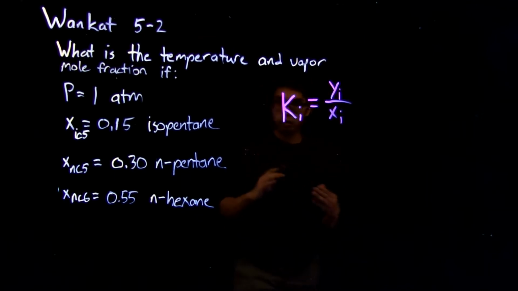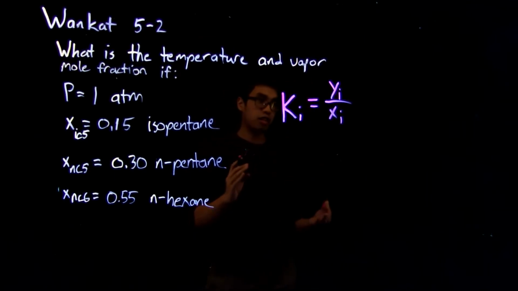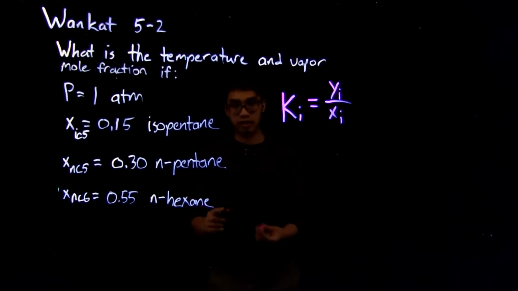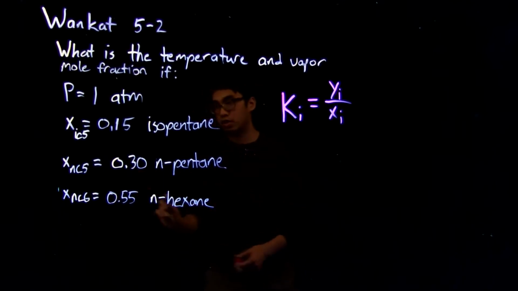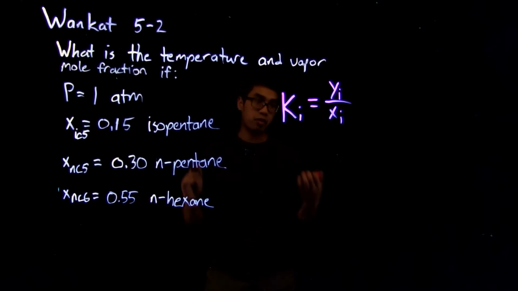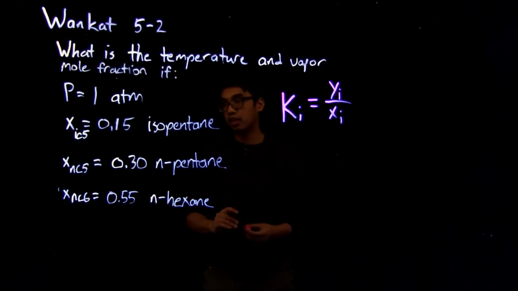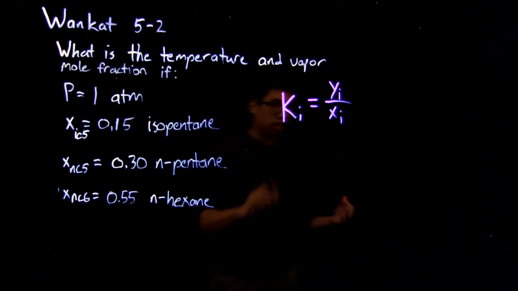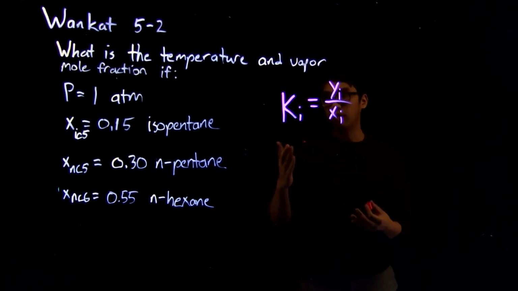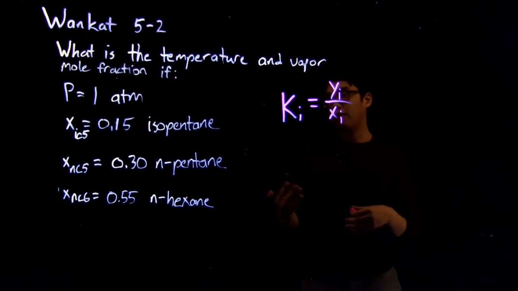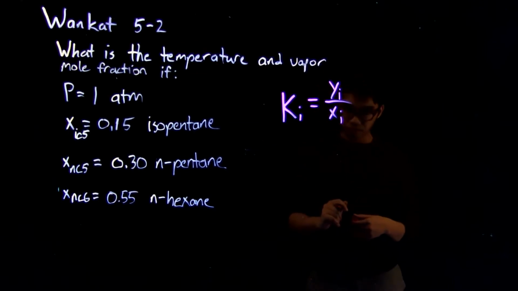There's nothing particularly special about this, except that there are lots of correlations that exist to calculate these K-values, and from that we can determine the equilibrium values of a lot of different multi-component mixtures. Usually the equations we use with these allow us to converge rather quickly, even if we have to do some iteration to get there.